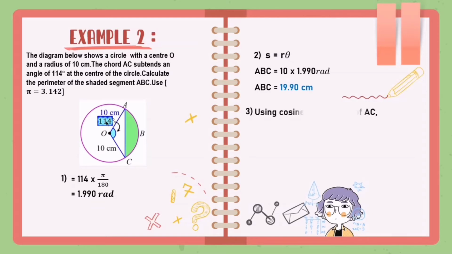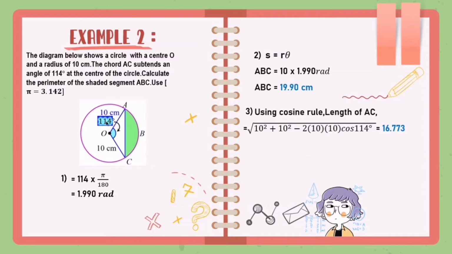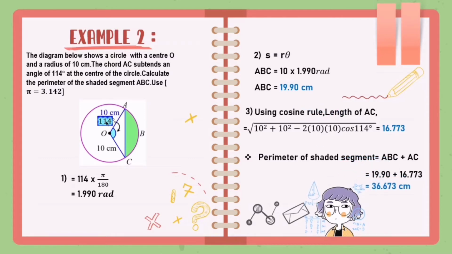Then we need to find the length of AC by using the cosine rule. We just substitute the value into the formula of cosine rule, and by pressing your calculator, we'll get 16.773 cm. The last step is we need to add the length of AC with the arc of ABC, and we will get 36.673 cm.